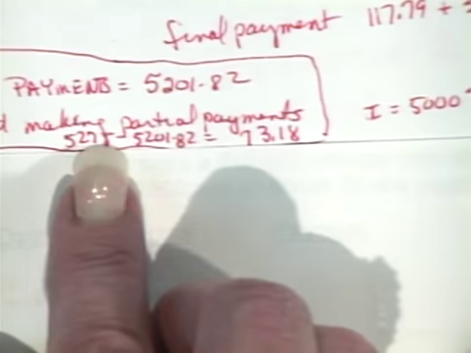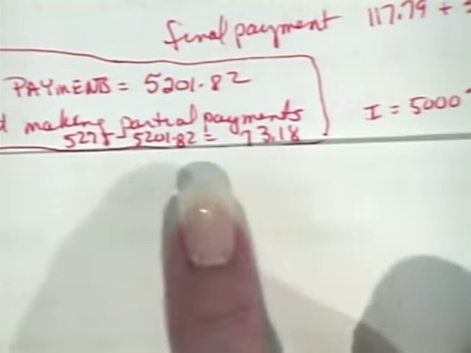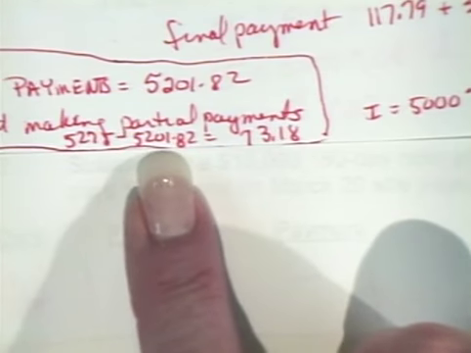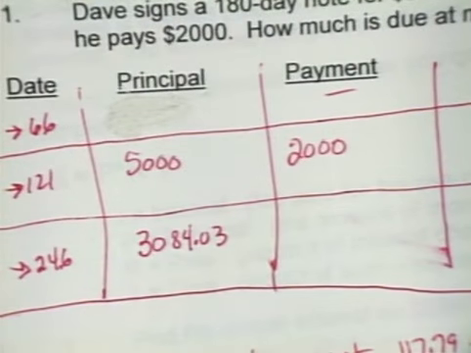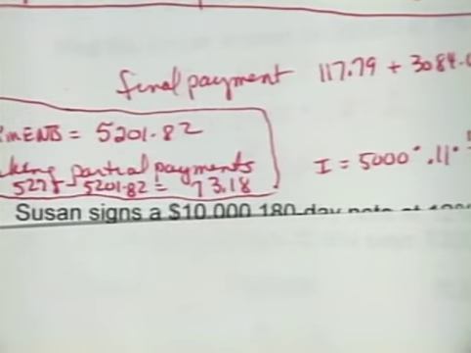You're right. He would have paid $5,275. His total payments instead were $5,201.82 because I can accumulate my total payments here. He saved a total of $73.18.